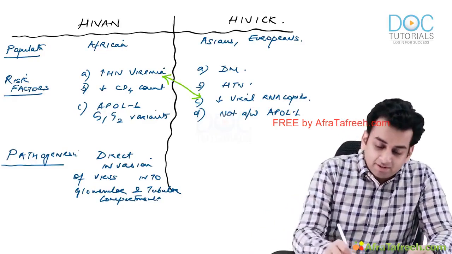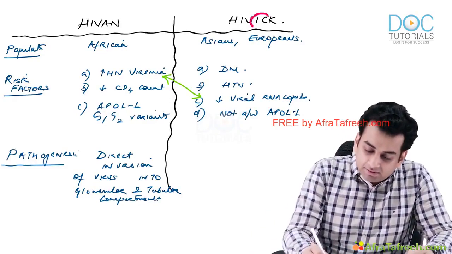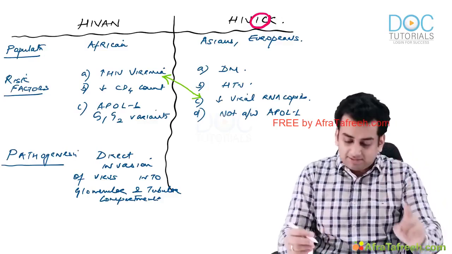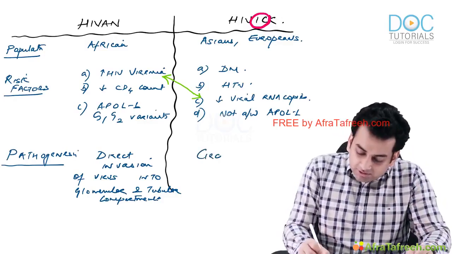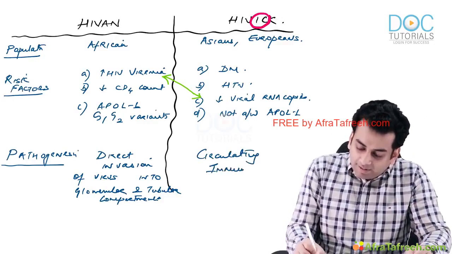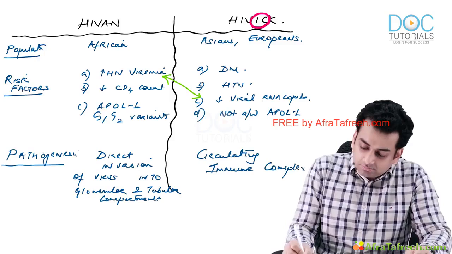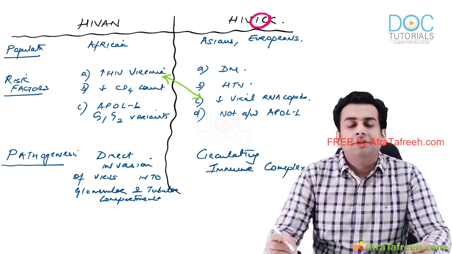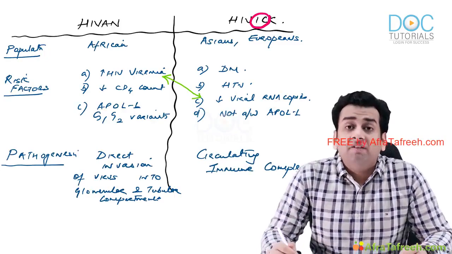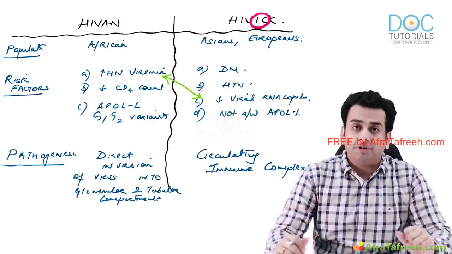But in HIVICK, as the name implies, it is not due to the direct invasion of the virus. It is due to the circulating immune complexes, which causes the HIVICK, which is very, very important.